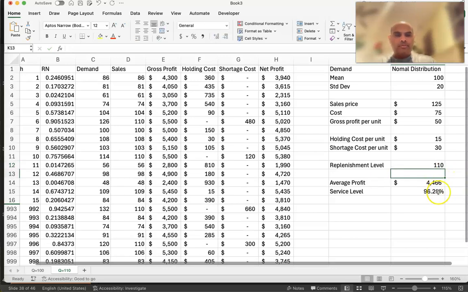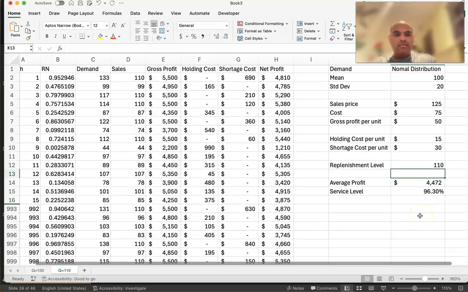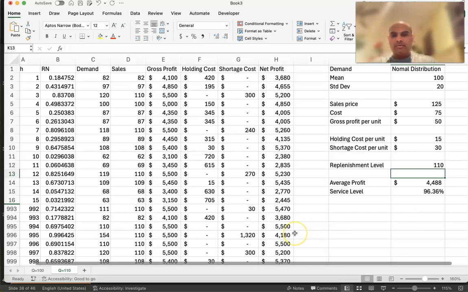There you go. So you'll notice that service level increased significantly. Again, if I keep pressing F9, you'll notice that service level stays around that 96% mark, slightly less, slightly more, but around 96%. The same goes here. So I'm going to make another copy.